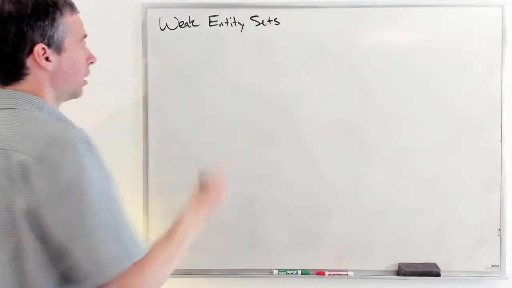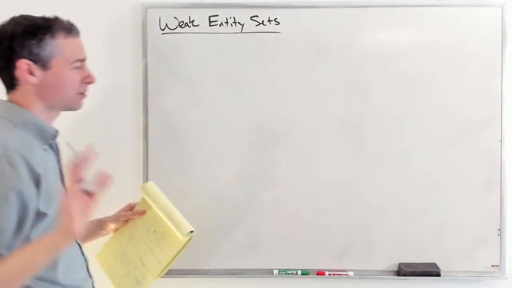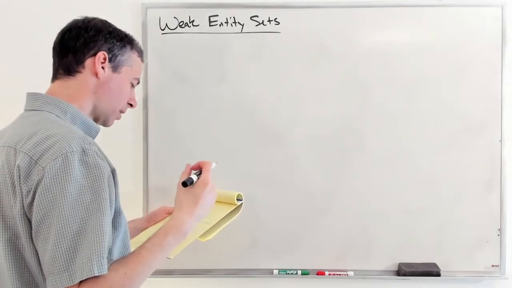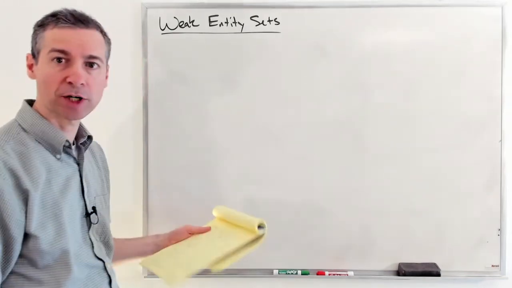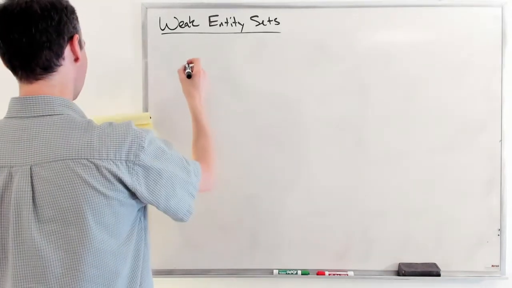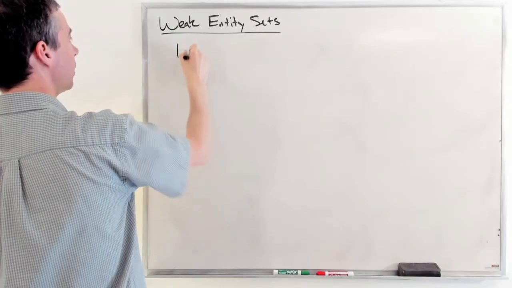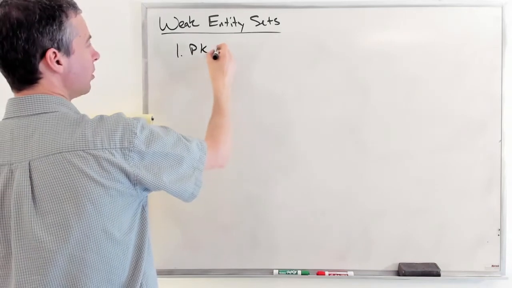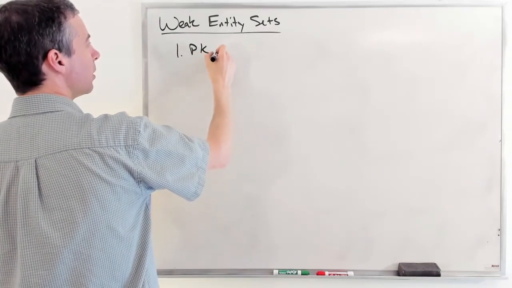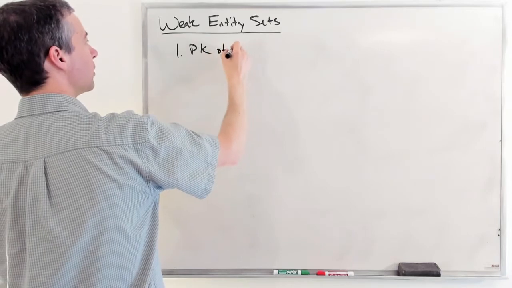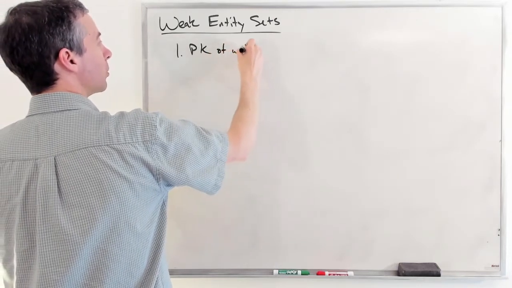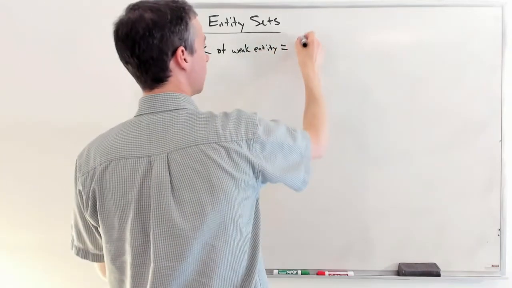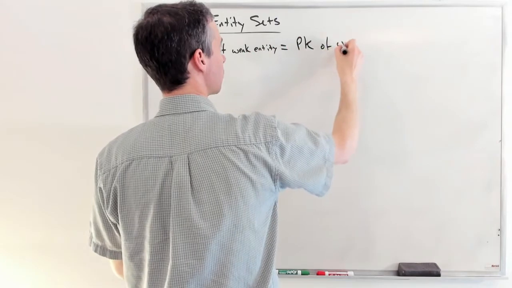All right. What do we need to know here? One thing to keep in mind right off the bat is what we're going to end up having as the primary key. The primary key of the weak entity set is equal to the primary key of the strong entity set.